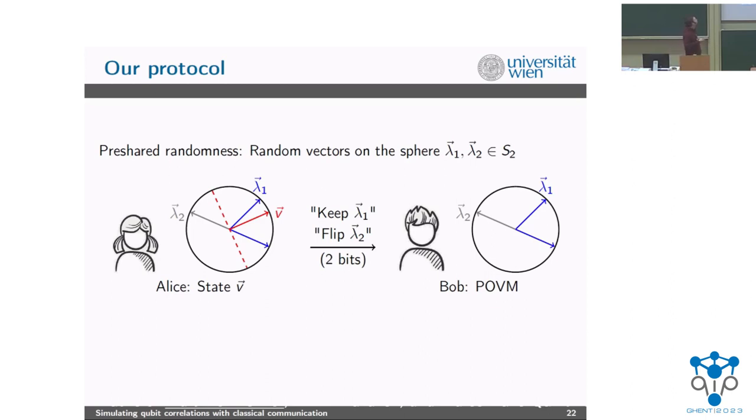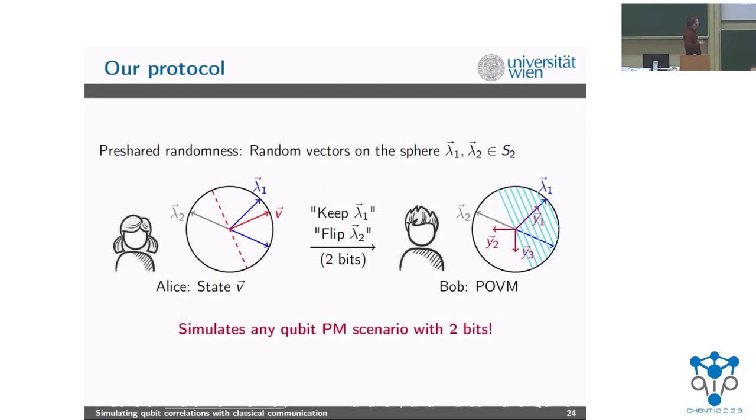And if not, she tells Bob to flip that vector. In that case, lambda 1 is already correct, so it's closer to V than to minus V. It's in the correct hemisphere here. But lambda 2 is not, so she has to tell Bob to flip that one. And that requires 2 bits, one for lambda 1, one for lambda 2. And then it's not hard to see that the distribution at the end is exactly the model that we need.